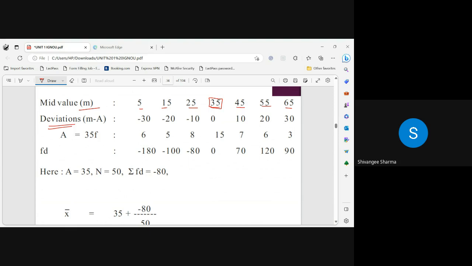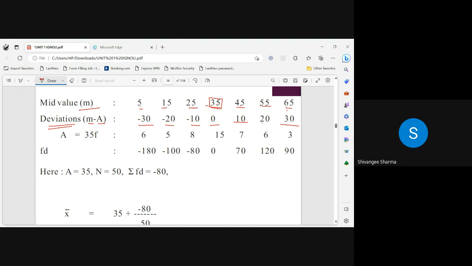Then we find out the deviations from the assumed mean. How much the value in the data set is deviated from the assumed mean. So basically, deviation is mid value minus assumed mean. So 5 minus 35 will be minus 30, 15 minus 35 is minus 20, 25 minus 35 is minus 10, 35 minus 35 will be 0, 45 minus 35 is 10, 55 minus 35 is 20, and 65 minus 35 is 30.